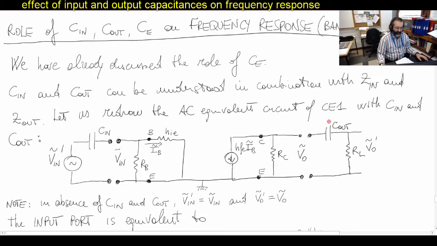Let us consider for simplicity C1, the circuit that we saw, C1 with fixed bias. Let us consider the AC model of that circuit, but let us keep in C in and C out, as I did here, as you can see. C in and C out. C out is obviously connected to RL, as we had in the initial circuit.